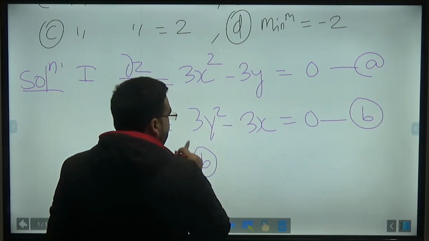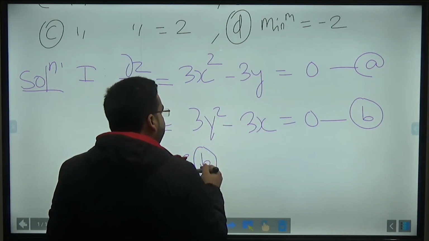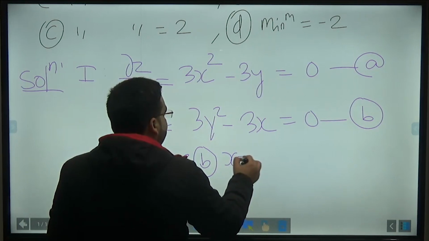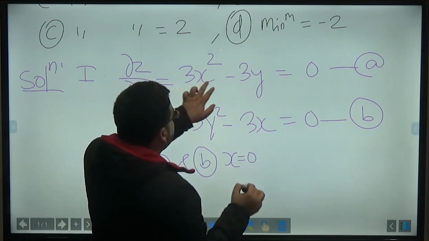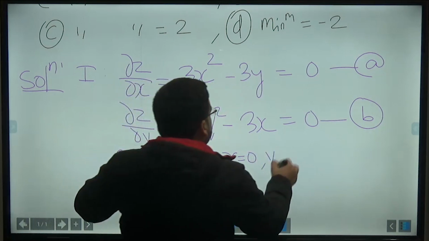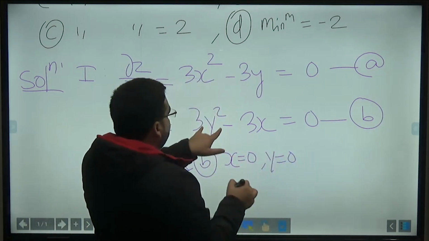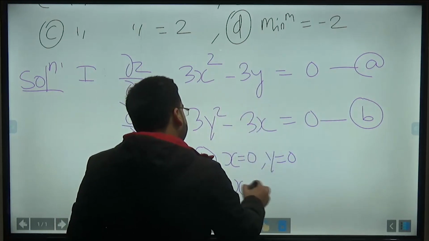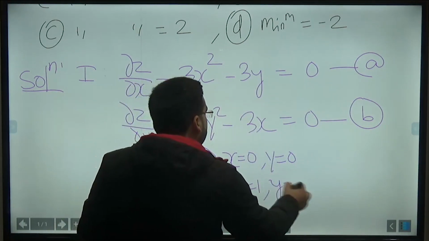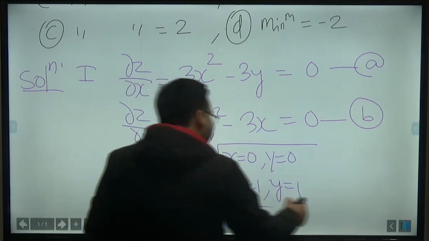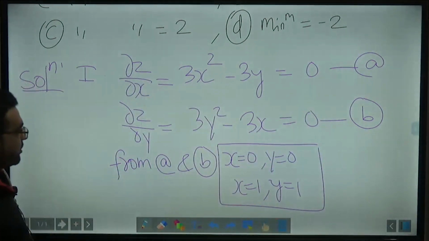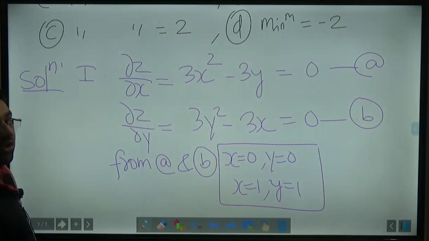If you take this root of y common, ultimately x can be equal to 0, because if you put x equal to 0 and y equal to 0, this satisfies the equation, and if you put x equal to 1 and y equal to 1, both the equations will be satisfied. So both equations will be satisfied for x equal to 0, y equal to 0, and x equal to 1, y equal to 1.